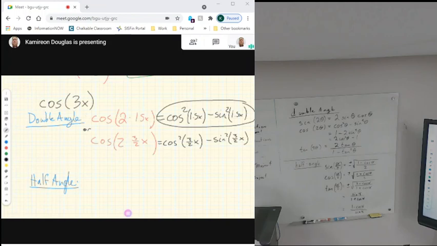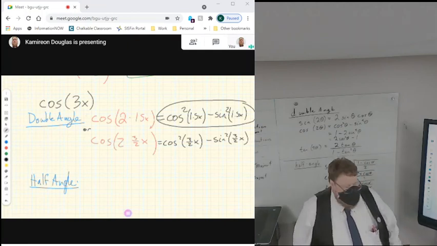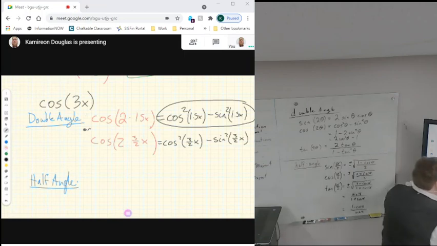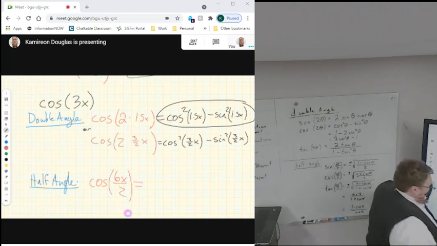Alright, how to do it as a half angle now. Again, similar process as before. This time we're looking for an angle that, when I cut it in half, gets back to 3x. Again, it feels a little backwards, so what do you guys think? 6x over 2. Cosine of 6x over 2. Beautiful.